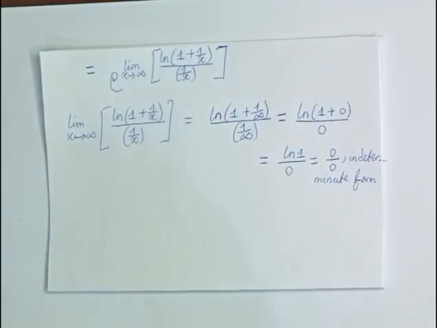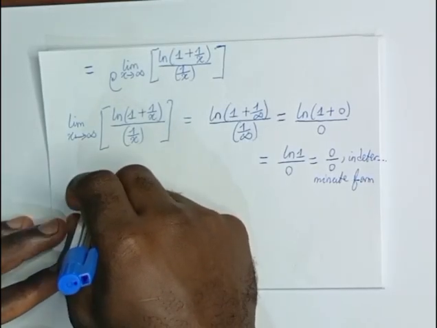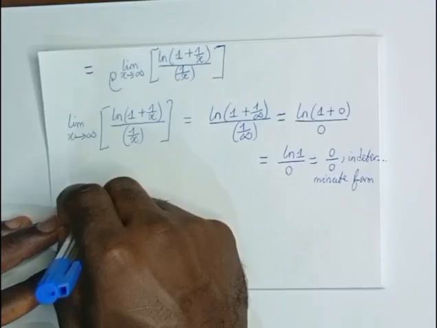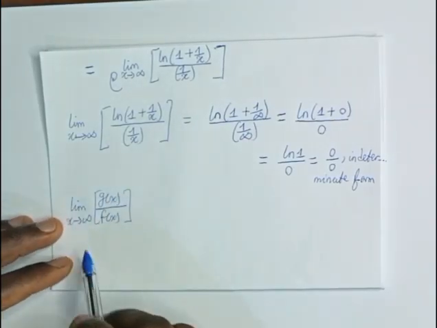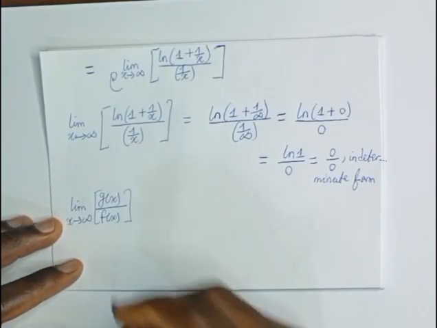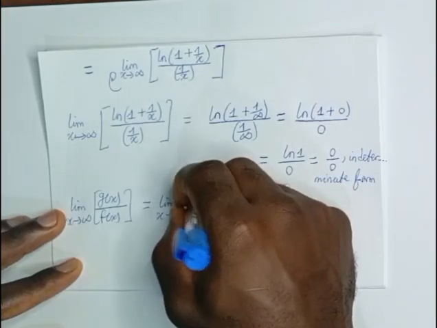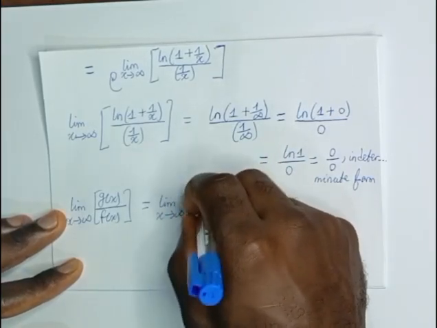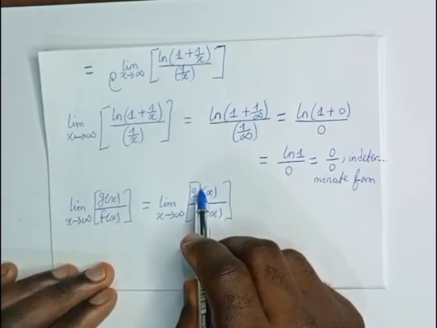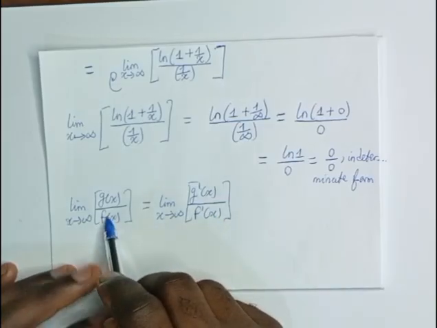L'Hopital's rule states that if we take the limit of a rational function, let's say g(x) over f(x) as x tends to infinity, and by direct substitution this gives us the indeterminate form, that means 0 over 0 or infinity over infinity, then this limit will simply be equal to the limit as x tends to infinity of g'(x) over f'(x), where g'(x) is the derivative of g(x) with respect to x, and f'(x) is the derivative of f(x) with respect to x.